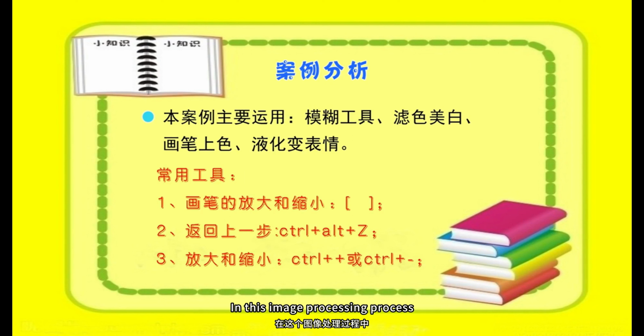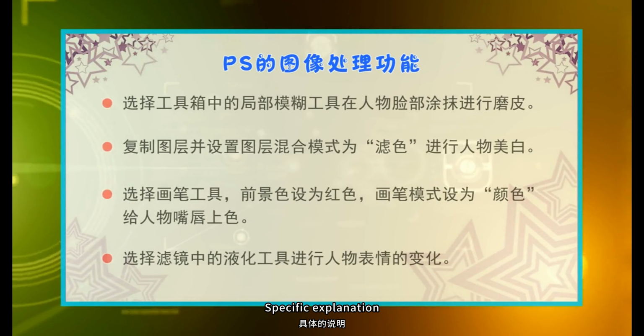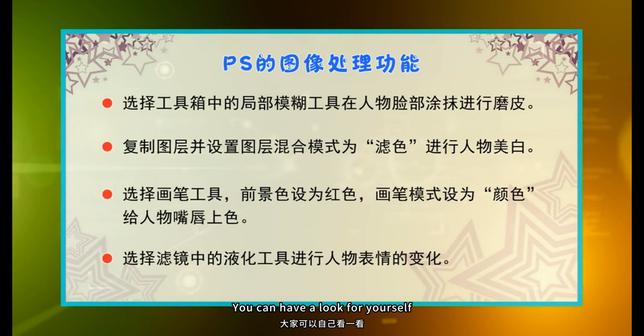In this image processing process, we learned several commonly used shortcuts. I hope you can remember: to zoom in or zoom out the brush, the shortcut keys are the left and right brackets. Also, when you do something wrong, to step back, the shortcut key is Ctrl+Alt+Z. This is the summary of this lesson. Below here are these 4 steps with specific explanation. You can have a look for yourself.